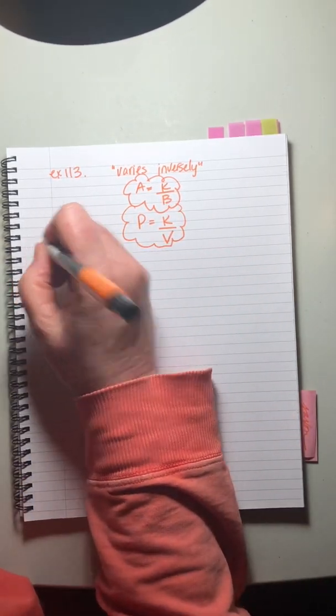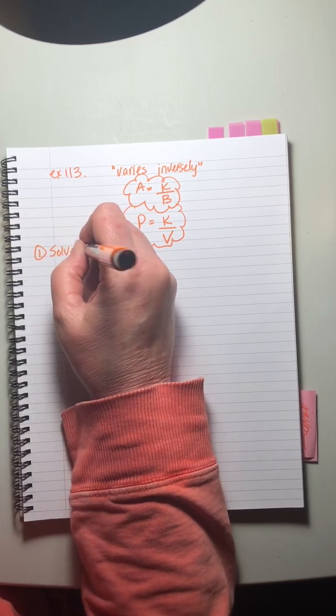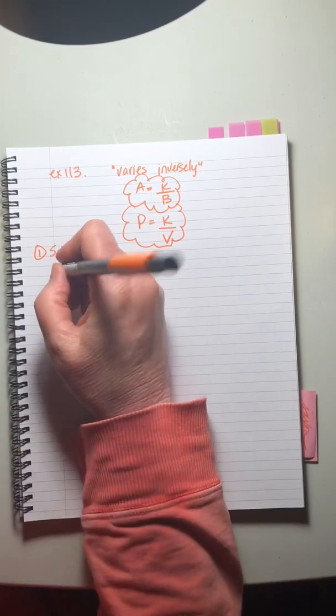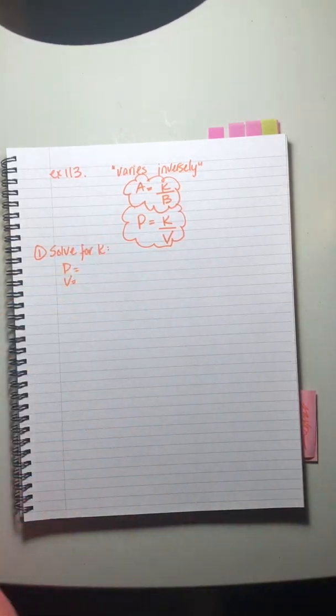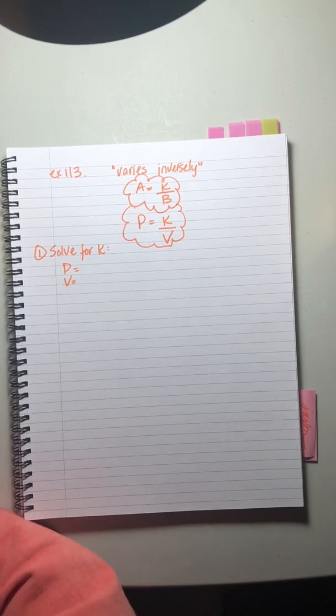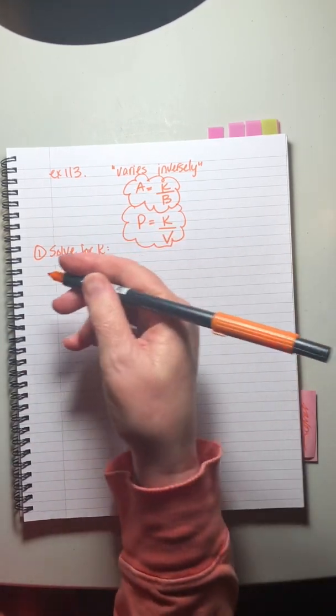Okay, so now we have scenario 1, which just like before is where we're going to solve for K. And so we're going to get both the pressure and the volume given to us. When the pressure of a quantity of gas is 7 pascals, we heard that before, right? Pascals measures pressure.